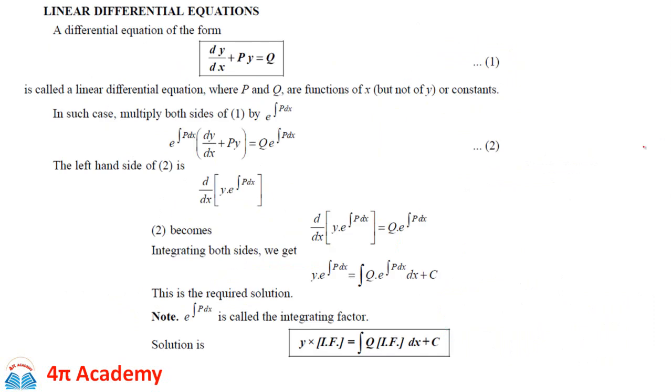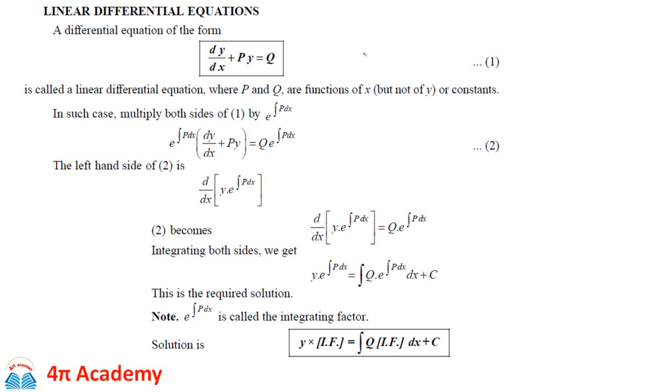Then next is a linear differential equation. What is meant by a linear differential equation is that the dependent variable should not be in the form of a power. That is the simple meaning of a linear differential equation.